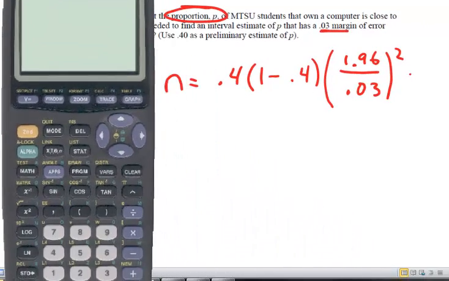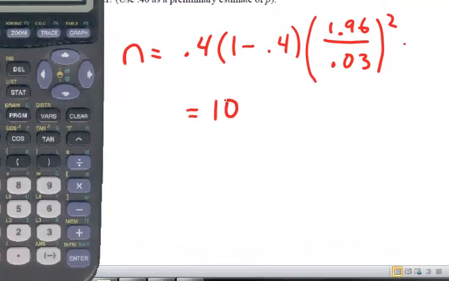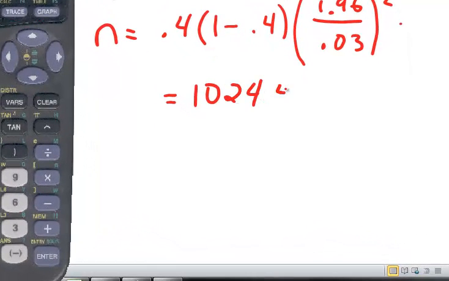Now let's go ahead and pop it in. We're going to do 0.4 times, we could just do 0.6, but sometimes they get a little trickier to do in your head, 1 minus 0.4, times 1.96 divided by 0.03, and don't forget to square it. I sometimes forget to do that. Make sure you don't do that. Then we get 1024.4.